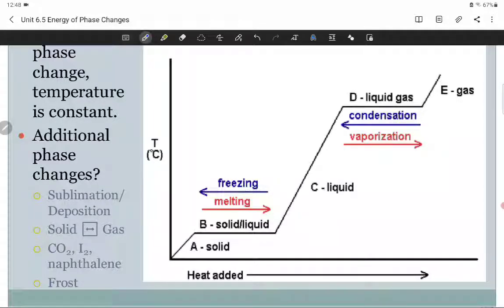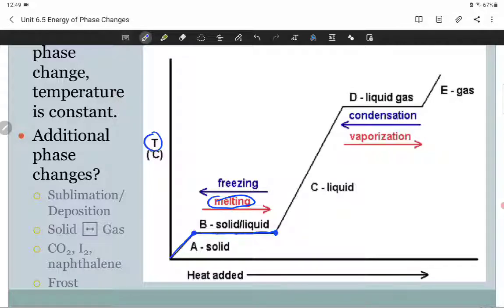So we have a solid that is heating up, and when I say heating up, heat is being added and the temperature of that solid is going to increase. When that solid reaches its point where it can start melting, it will melt. And during that process of melting, its temperature no longer changes, but it's still adding heat.